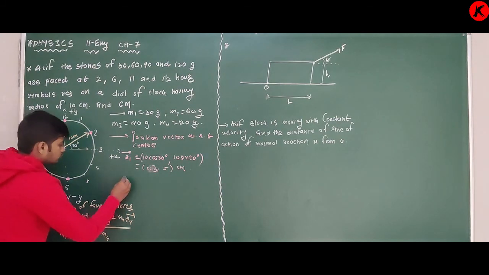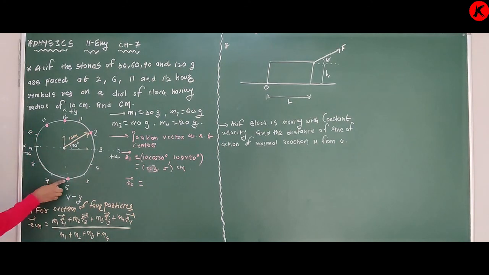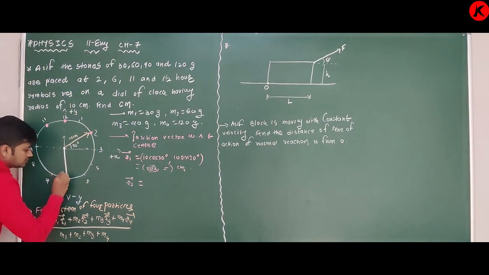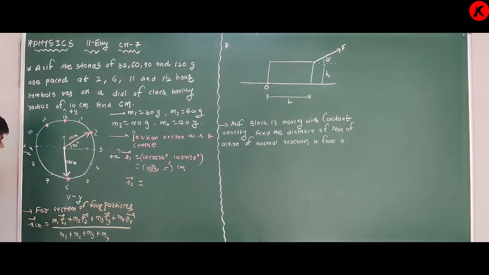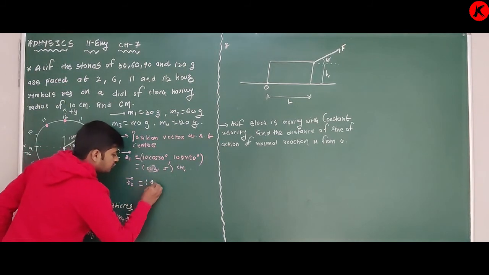Okay. Now R2. Chalo R2. R2 means position vector of this. So connect this center with this. Again its magnitude is 10 centimeter, and it is along negative y direction. So its x component is obviously 0.